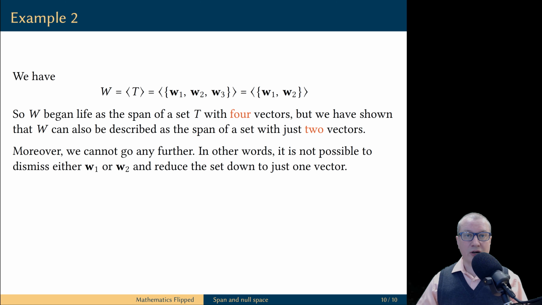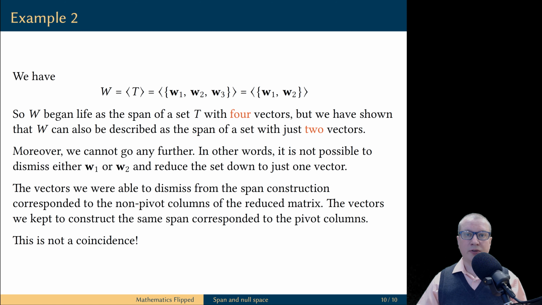So we started with a span of 4 vectors, and we showed that the same span can be constructed using only 2 vectors. Moreover, it is not yet clear why, but we cannot continue this reduction. We cannot throw out either vector W1 or W2 and obtain the same span. In a sense, we have achieved the most efficient representation of a span.